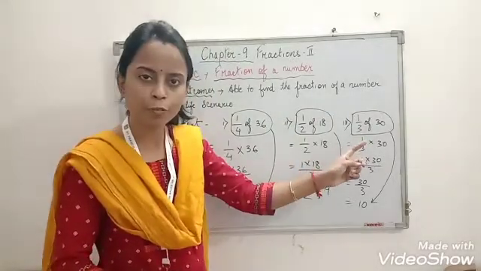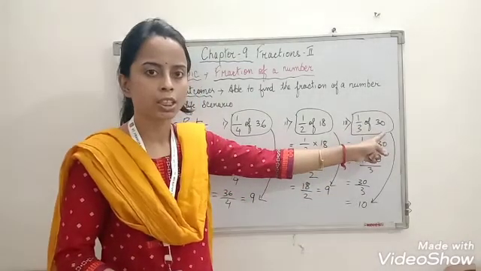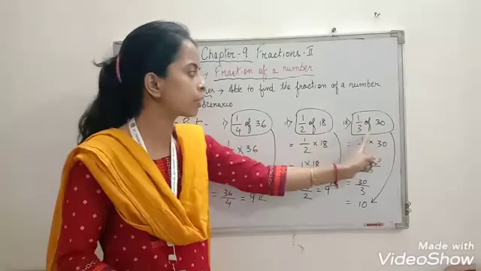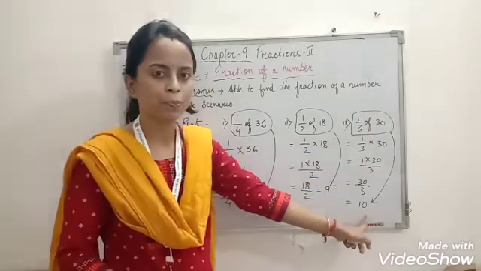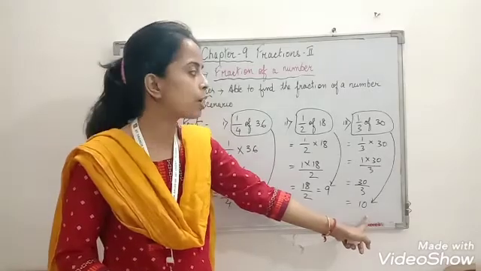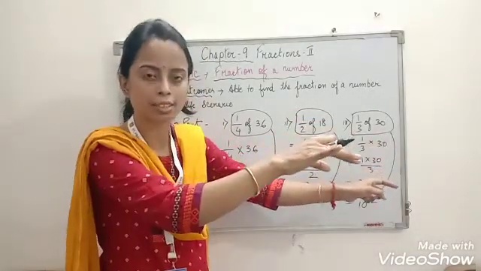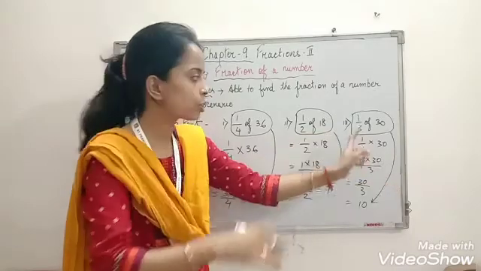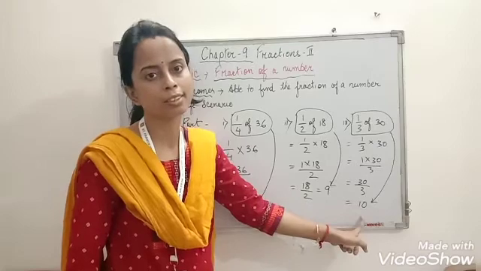So how are you going to find out? 1 by 3 of 30. 1/3 of 30 is how much? 10. I gave 1/3 of 30, that is 10 rupees, to my sister.